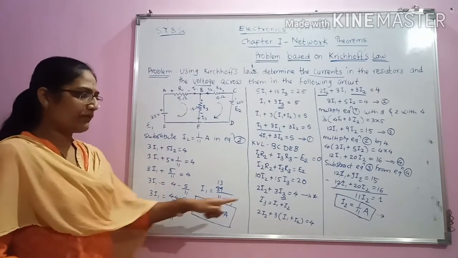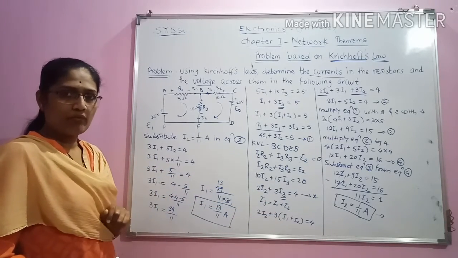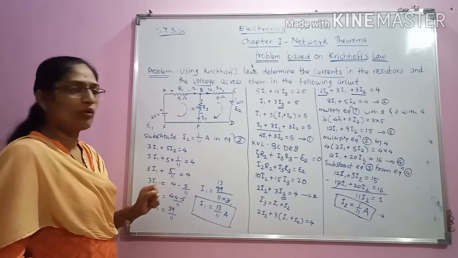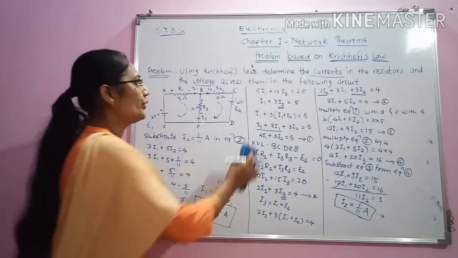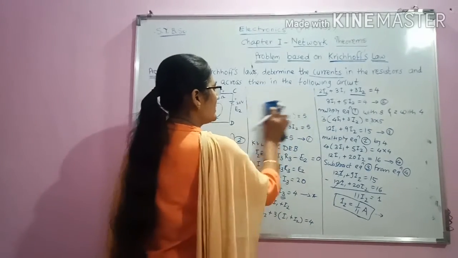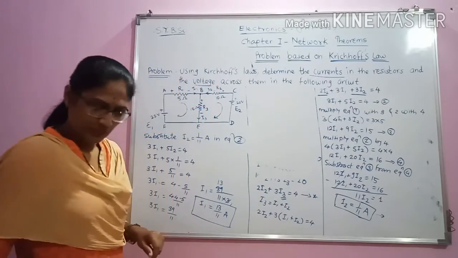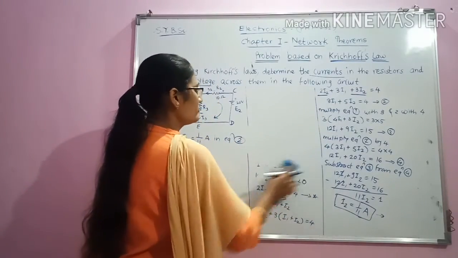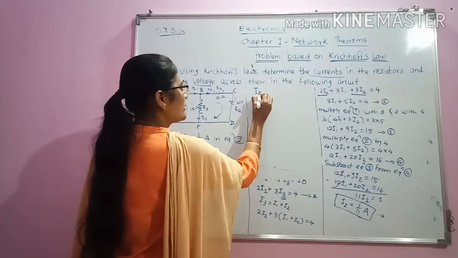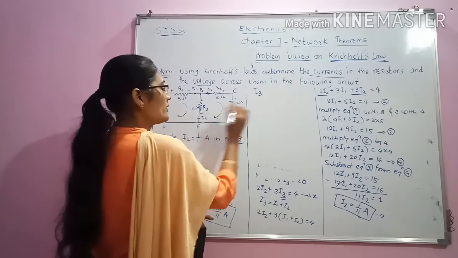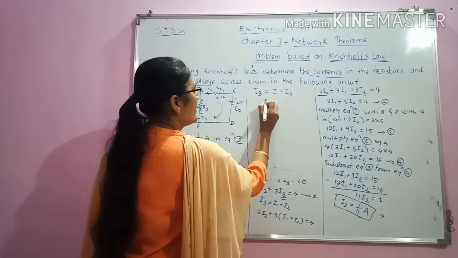So we have obtained the value of I2, we have obtained the value of I1. Now we are left with determining the value of I3. By Kirchhoff's current law, we know that the value of I3 is nothing but the addition of I1 and I2. So I3, that is the current passing through resistor R3, is equal to I1 plus I2.